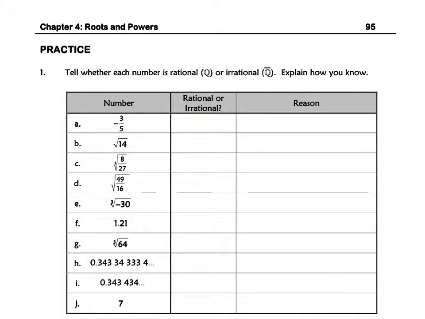Okay, so the next exercise asks us to basically identify whether they're rational or irrational and give your reasons. So anything that can be written in the form of a fraction where the numerator and denominator are integers would be rational. So the first one would be rational. And we'll just say form a over b.